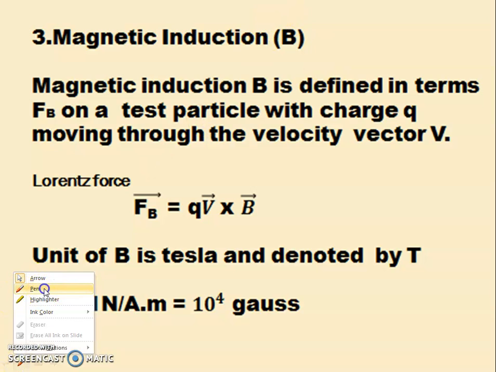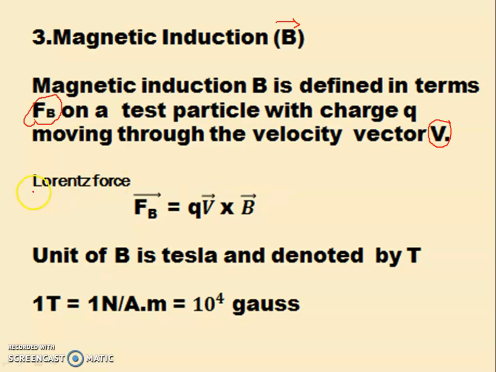Third, magnetic induction, that is vector B again. Magnetic induction B is defined in terms of the force F_B on a test particle with charge q moving with velocity vector v.